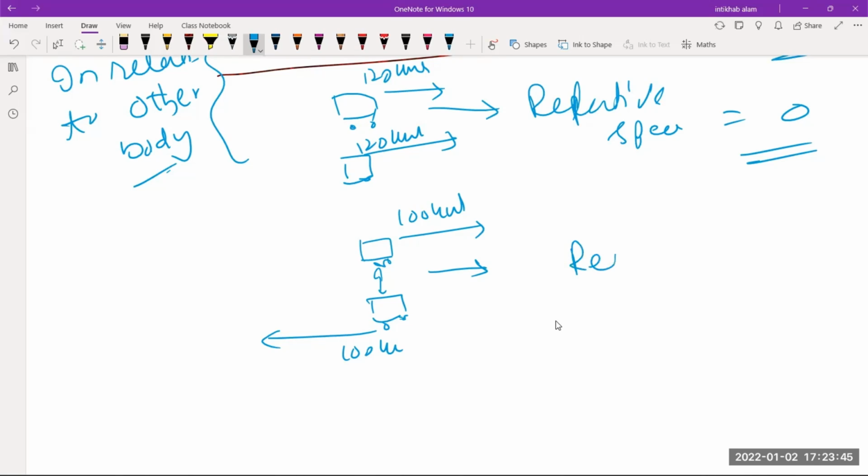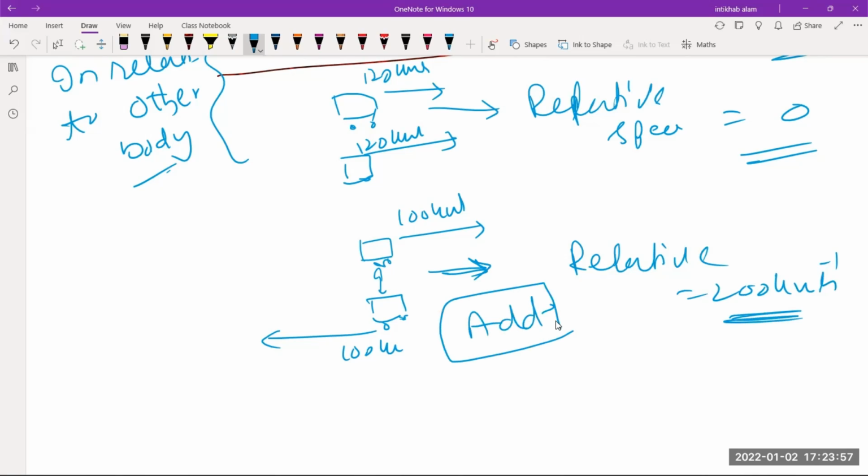That's called the relative speed. So your relative speed will become 200 kilometers per hour, because when you are traveling in opposite directions, the speeds are added. You got it, Peter? Yes, sir. Okay, good.